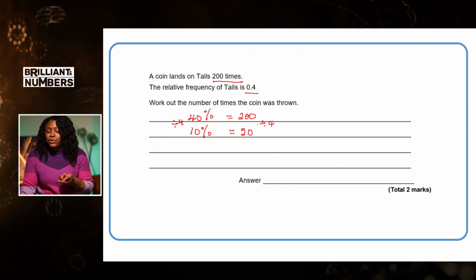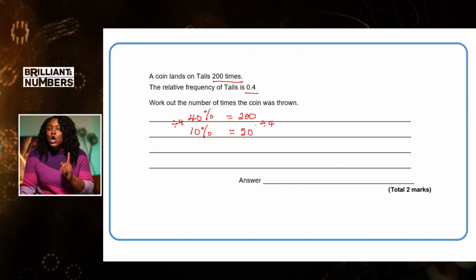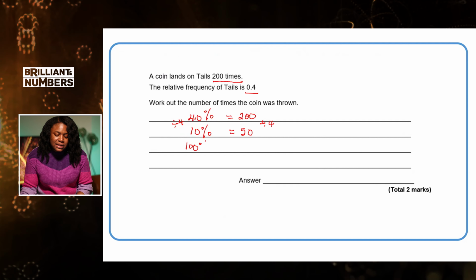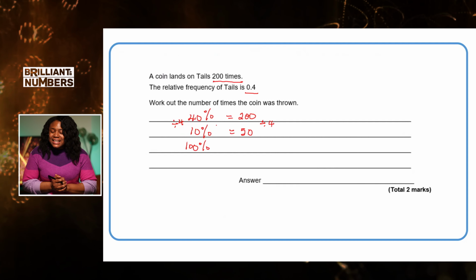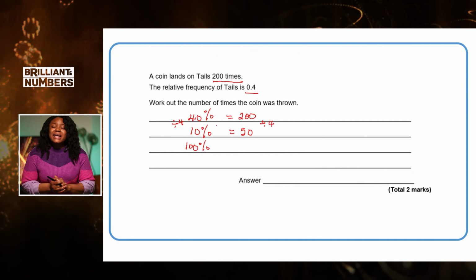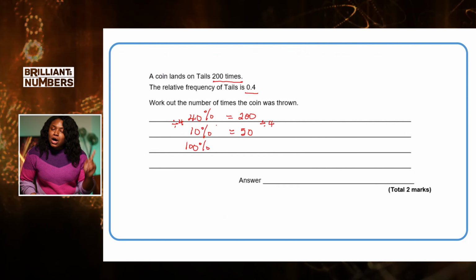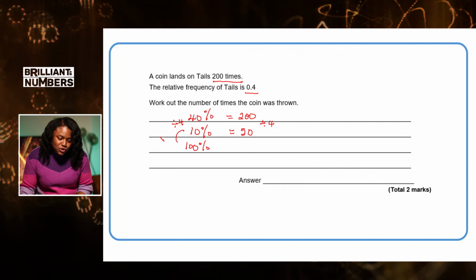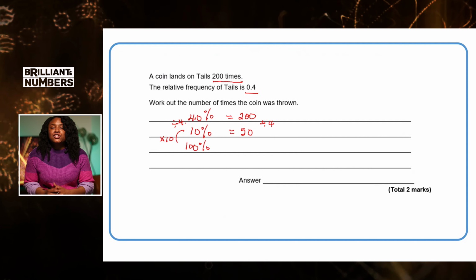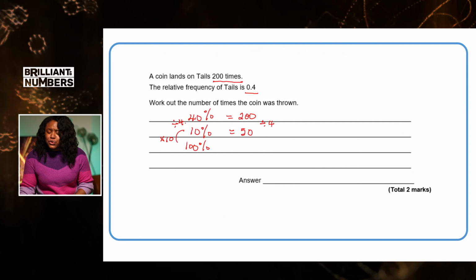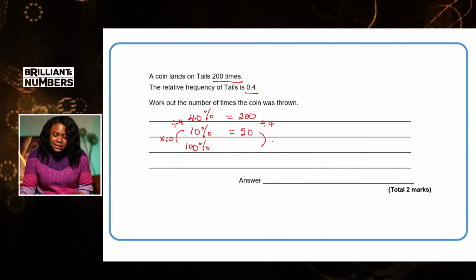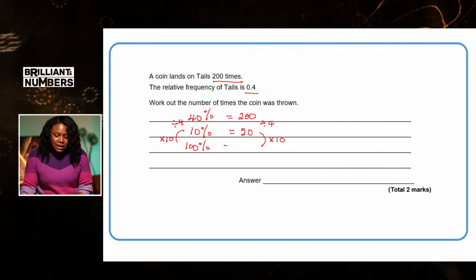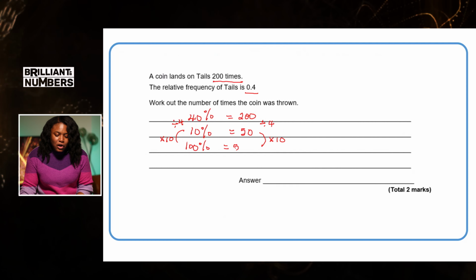We're asked to find the total number of times the coin was thrown. So that means I need 100%. So we go ahead and we're going to work out what is 100%. The question here becomes, how do I get from 10 to 100? So if I multiply 10 times 10, I get to 100. That means I also need to multiply my right hand side by 10. So 50 times 10 gives me 500.